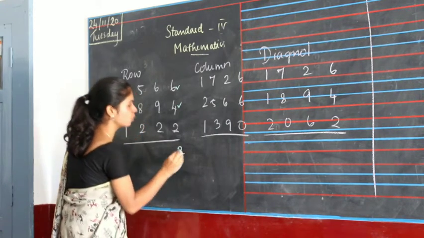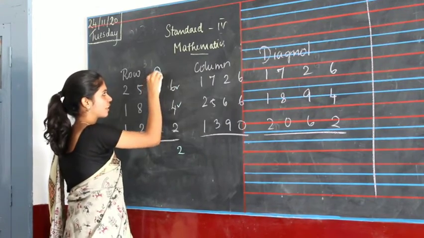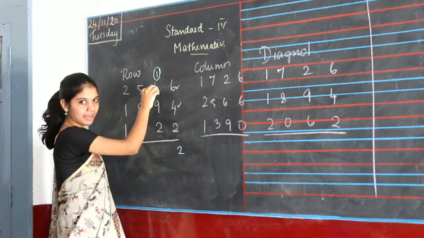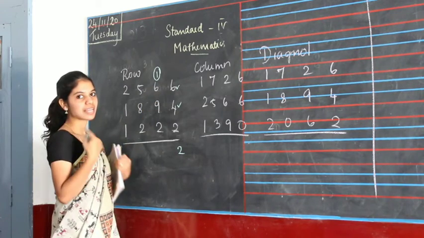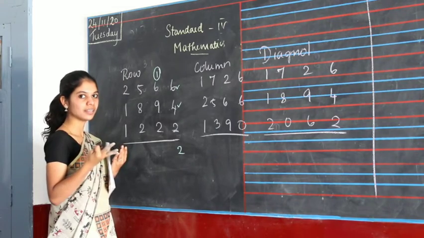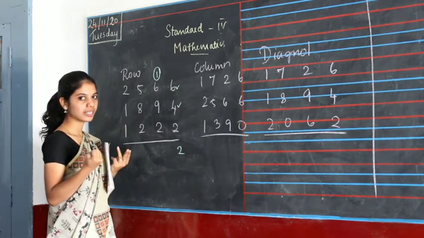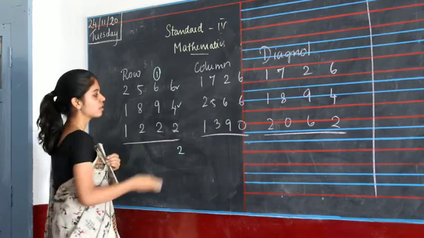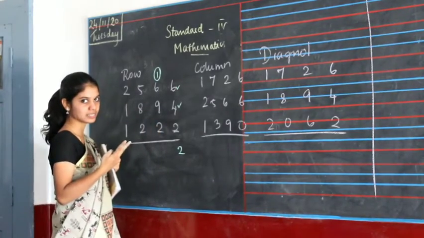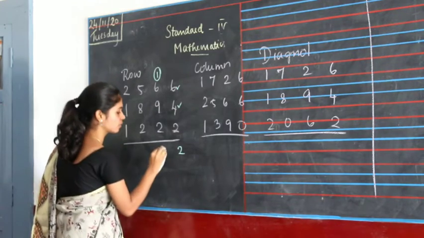So 2 carry 1. So 1 plus 6 will be 7. 7 plus 9, 7 in your mind, 9 in your finger. 7 after 8, 9, 10, 11, 12, 13, 14, 15, 16. 16 plus 2. 16 in your mind, 2 in your finger. 16 after 17 and 18.